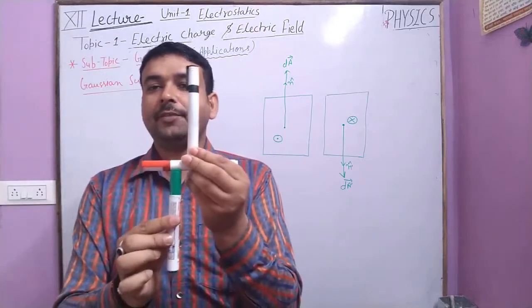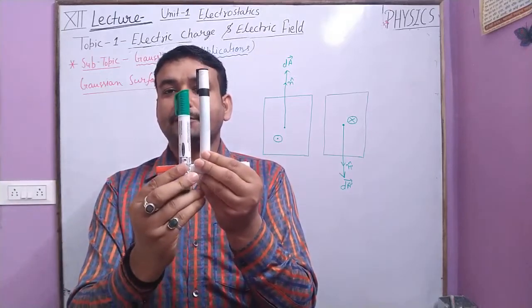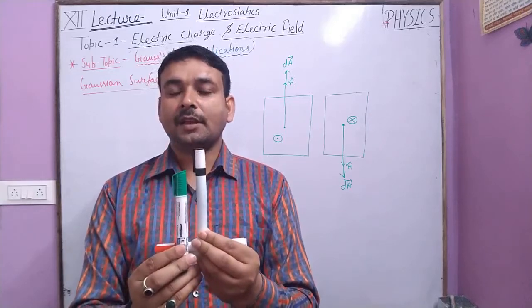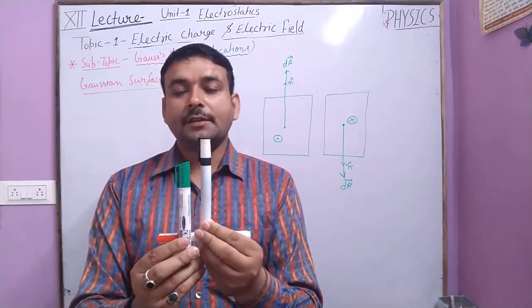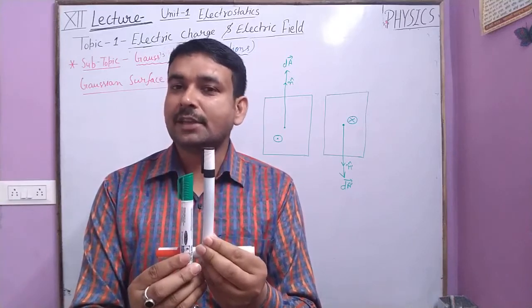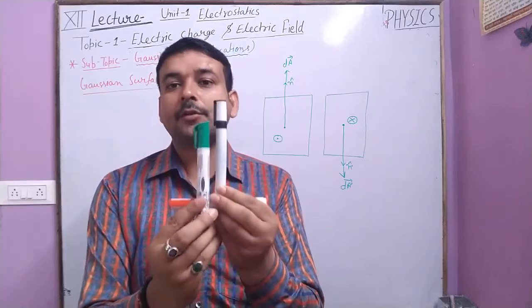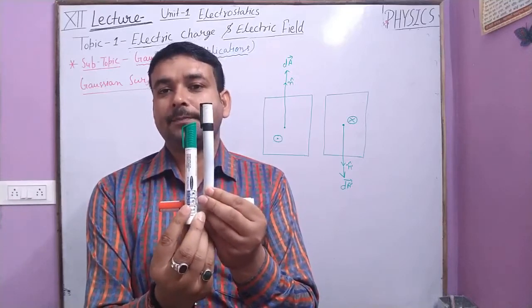Okay, you can easily find, and then it crosses the surface like that. Clear? Then we can say the direction of the electric field and the area vector is the same. Therefore, they are parallel to each other but normal to the surface.